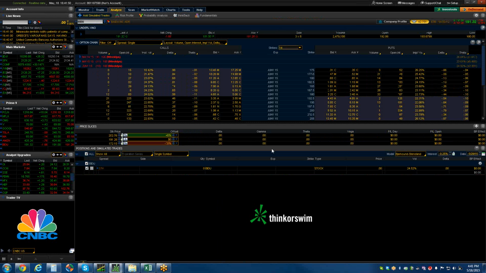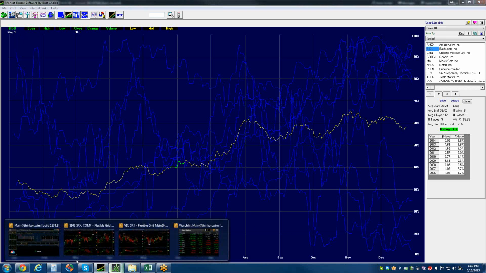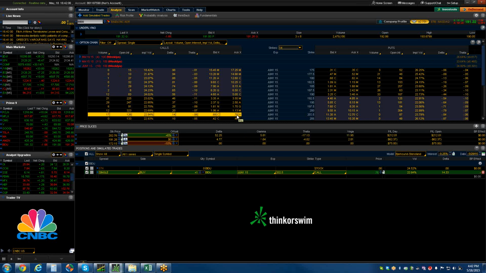So going back to the sim, as you see, it's about a 6% move, which is what I expect here, 5.65%. On Baidu, on the first week of June expiration, 75 cents is really cheap, less than 0.5%.